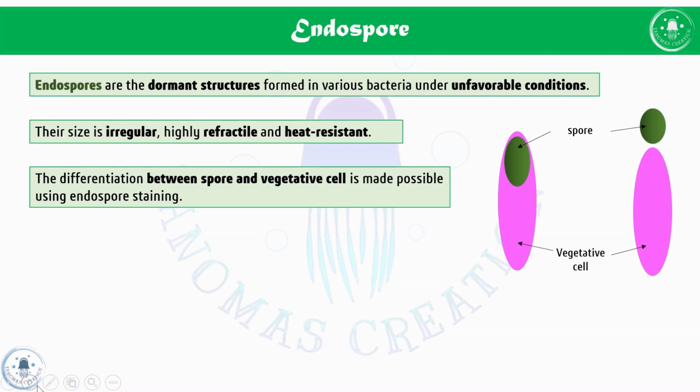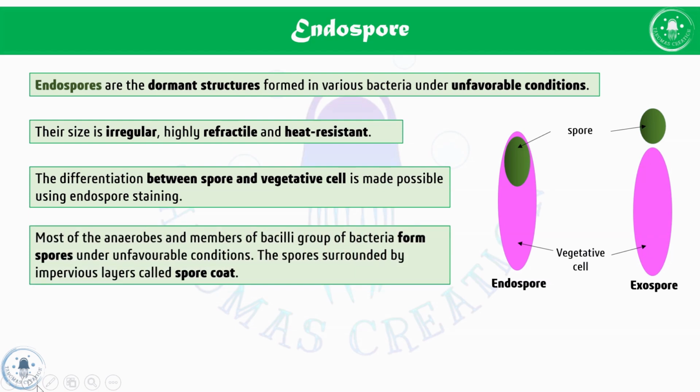If the cell has a spore inside it, it is called an endospore, and if the cell has a spore outside it, it's called an exospore. These spores are actually made inside the vegetative cells, and only in rare cases or in worst cases, the spores come out of the vegetative cells, and they form exospores.